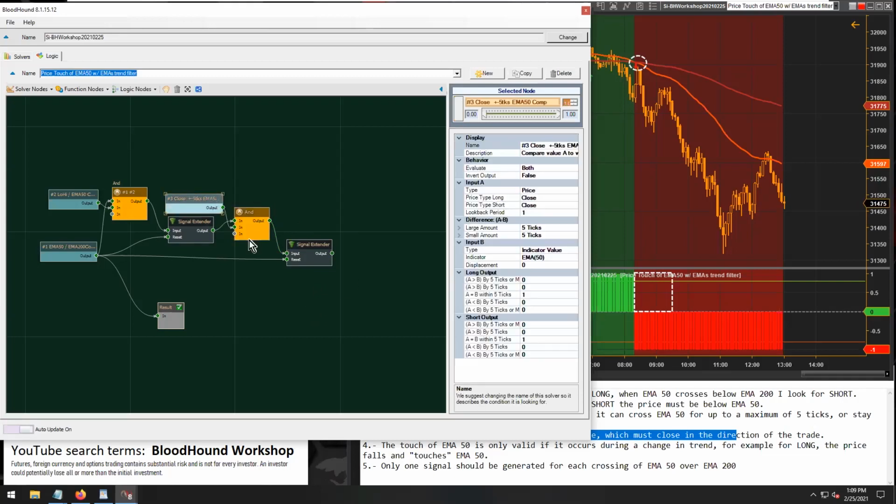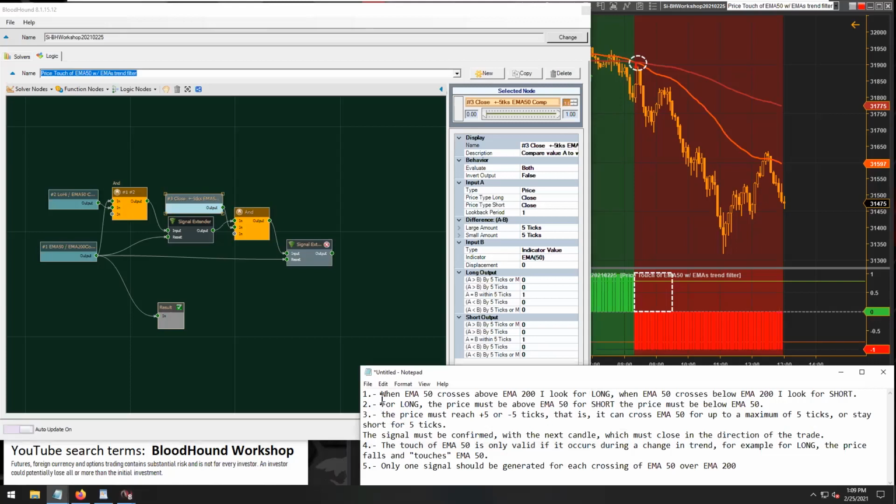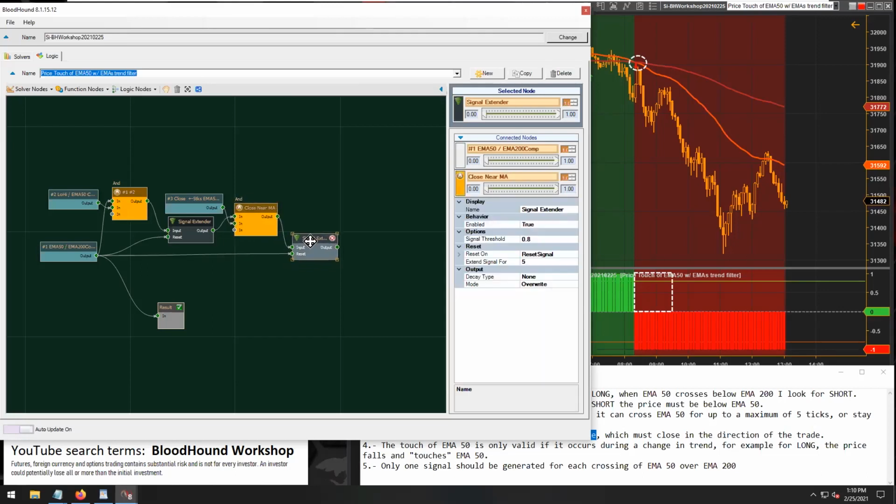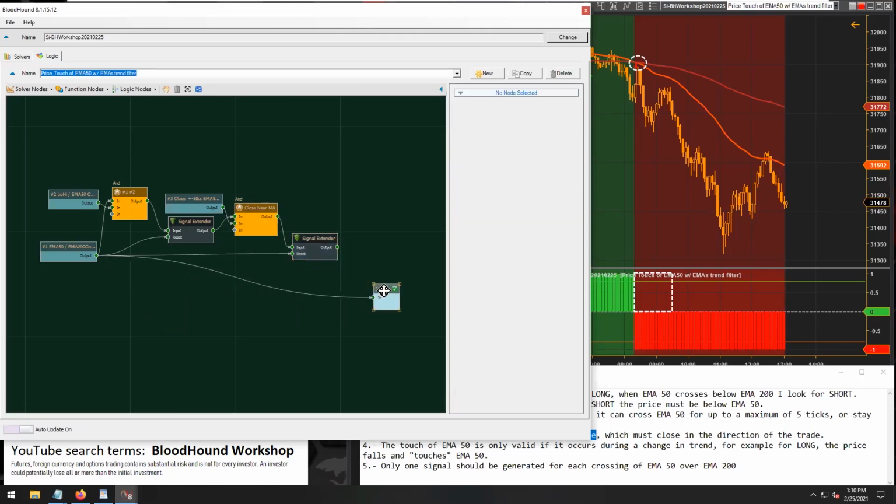Okay, so with number 3, we might have a possible setup, and so the next part is to wait for that candle pointing in the right direction. So we need to take the price touch. Yeah, we can name this here. There we go. This is basically the close near the moving average, and we need to take that and shift it forward onto the next bar.